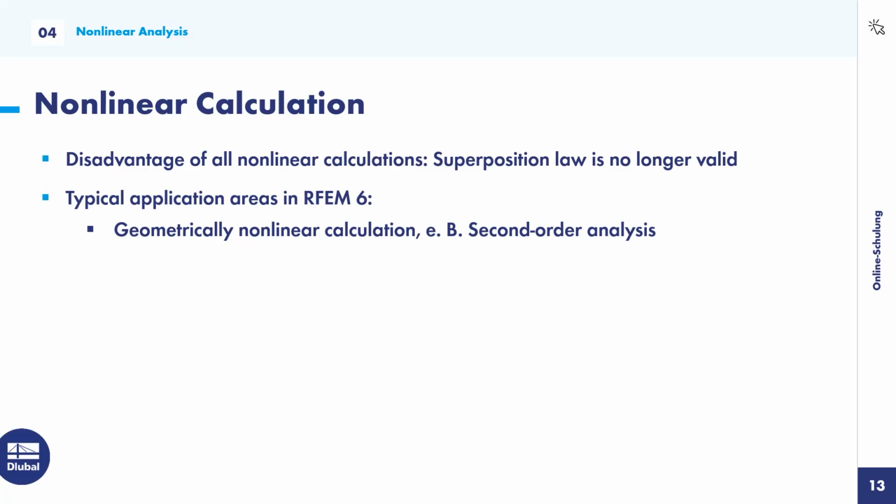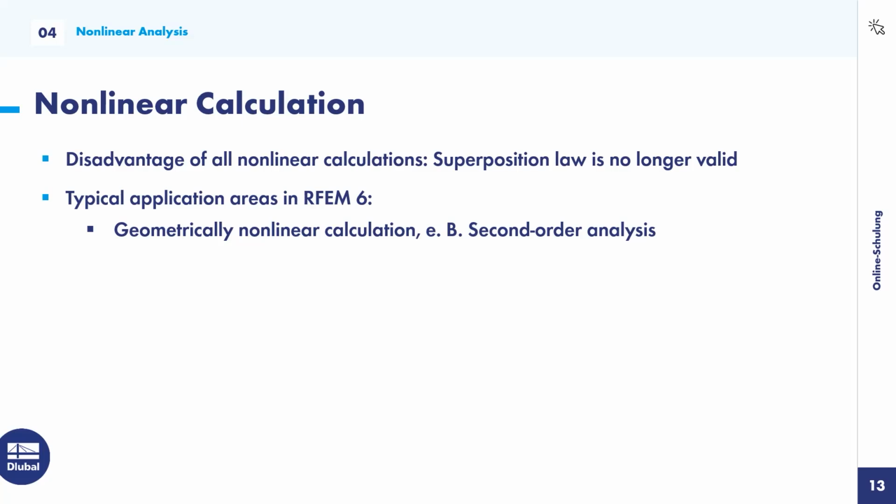If we have a geometrically linear system, we will apply a loading to a structure, and the internal forces will be calculated for the undeformed system. So we only need to solve the equation system one time.